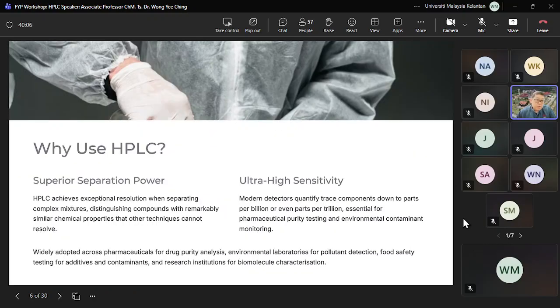So you might ask, why do you need to use HPLC? Two things that I will highlight. One is superior separation power.